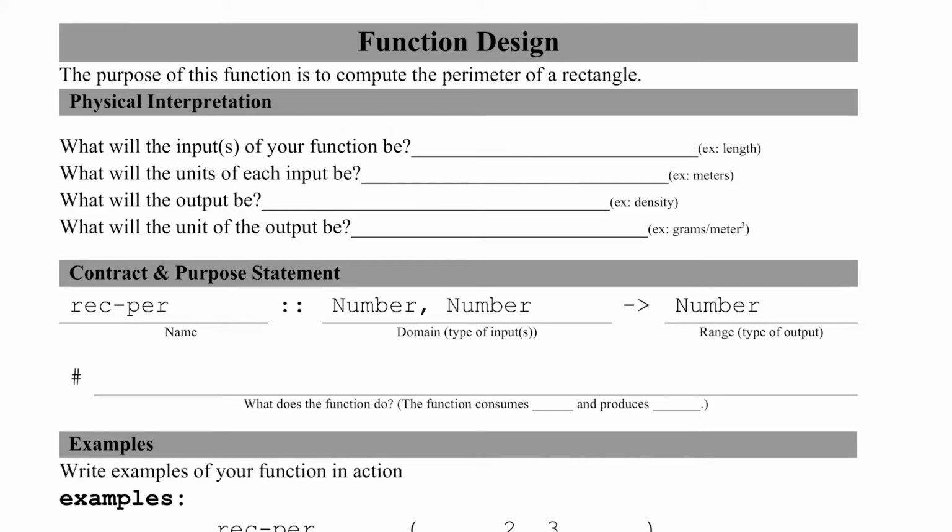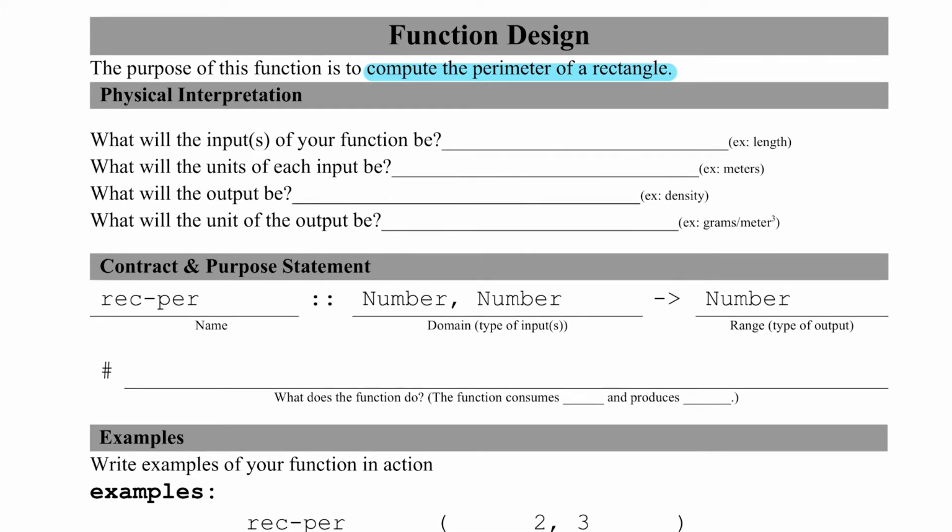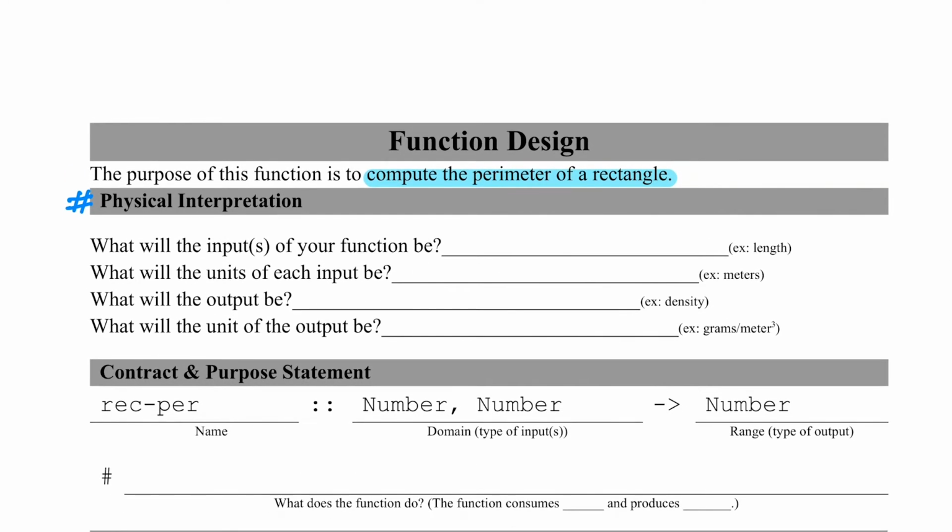The purpose of this function is to compute the perimeter of a rectangle. Again, I want to remind you that each section should get a hashtag in front of it. So the inputs of our function, in our input machine, we'll draw a very rough function machine.